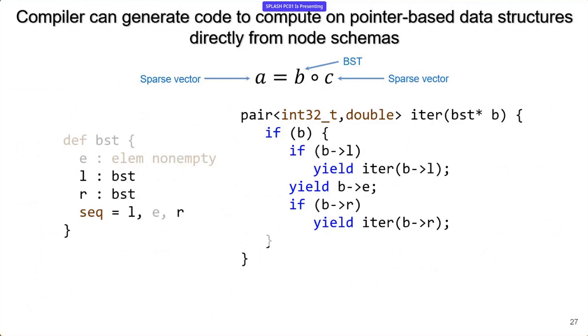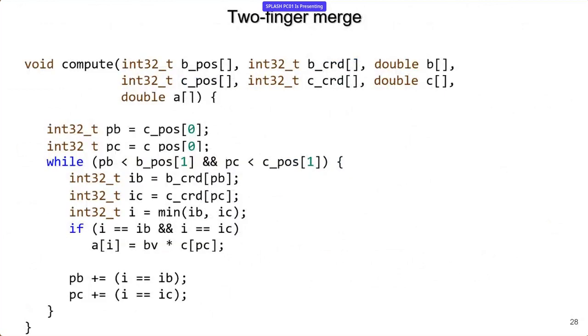And if there are left and right trees, I will iterate down through them and yield the values in the right order. So the iterator does this welding. Now, if we have these two different data structures, say two lists, what you have to do is a two-finger merge through these lists, iterating down them.